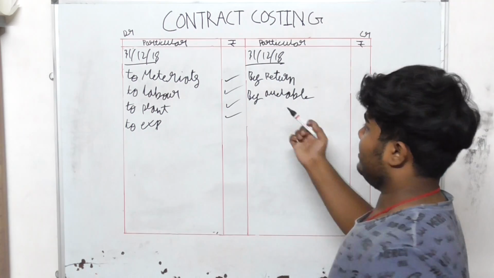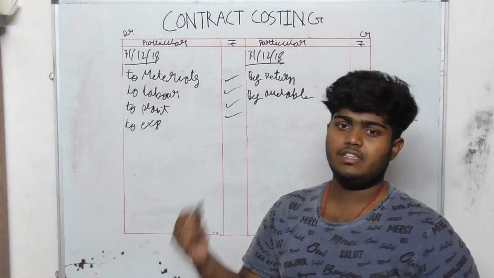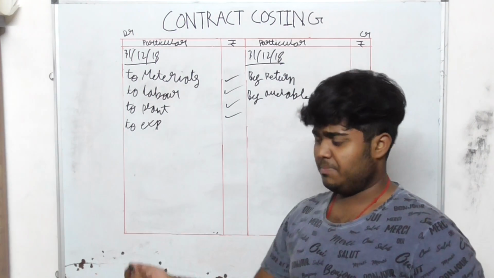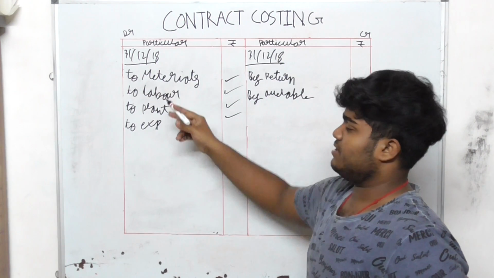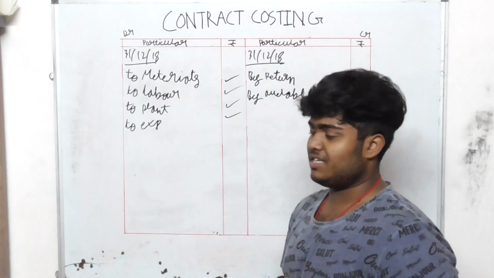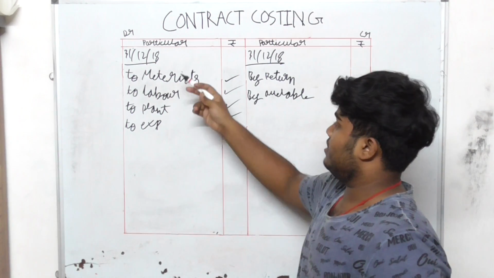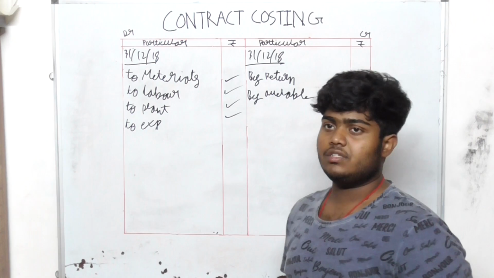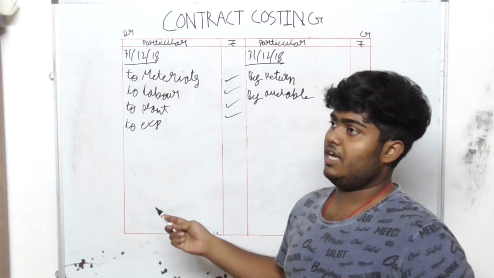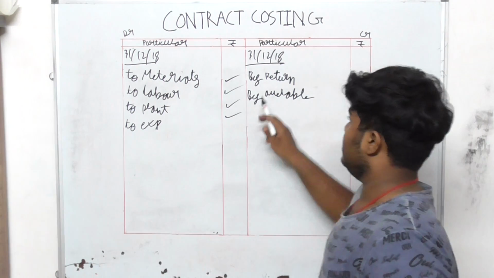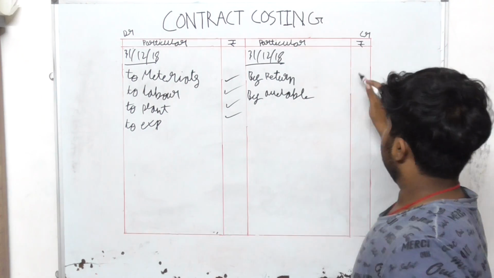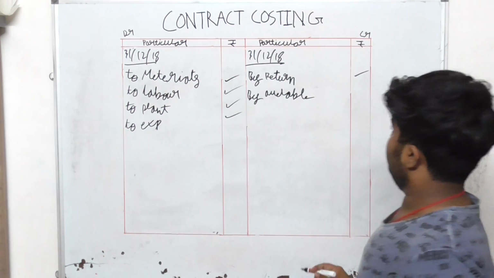Okay, and the return. In making the bridge or the building, the materials are sometimes more, like we need only 200 units, but the contract gives us 300. Then the 100 units return to the store, so return will be here.